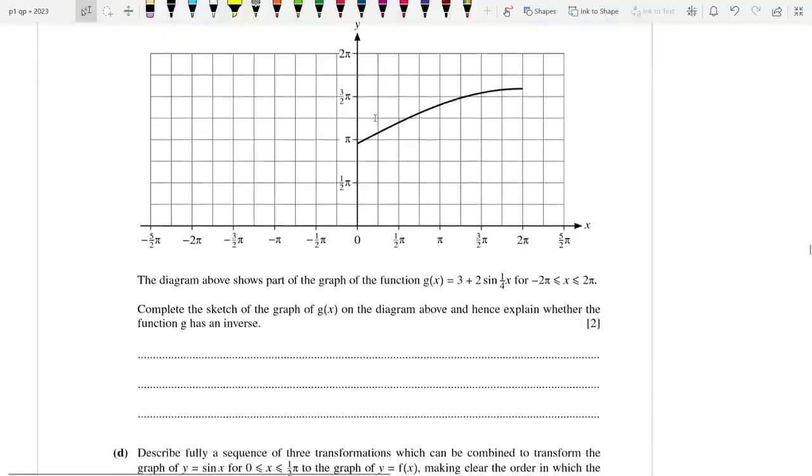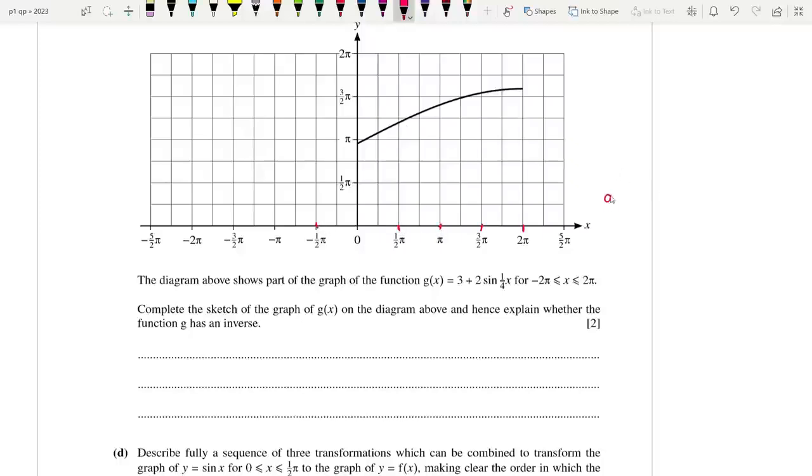So it's 3 plus 2 sine pi by 4 x. So let's try to do this. If you just input random values, I'm going to input what exactly? These four.